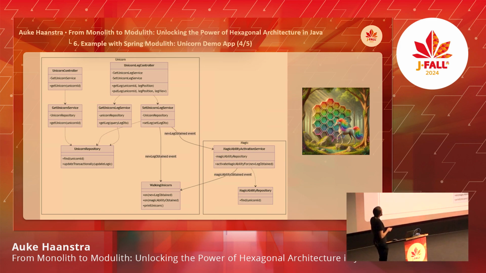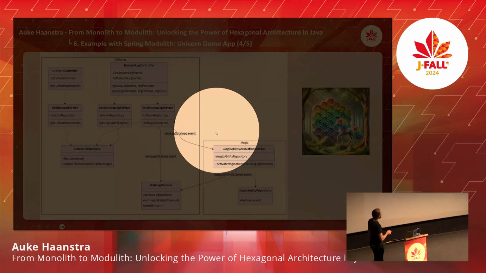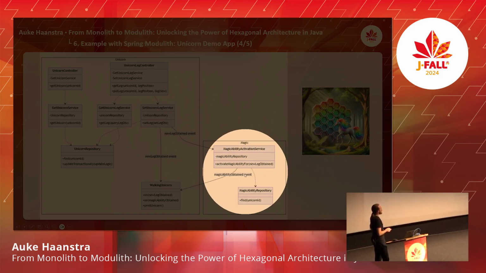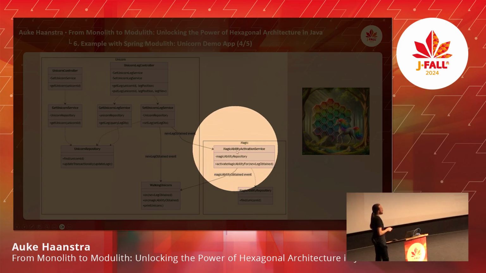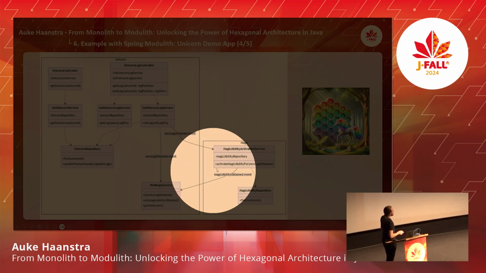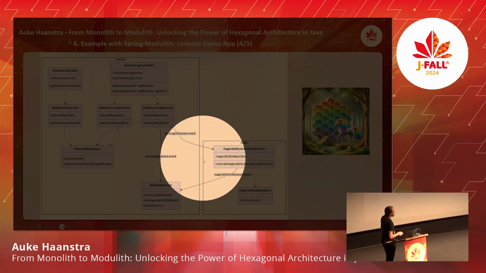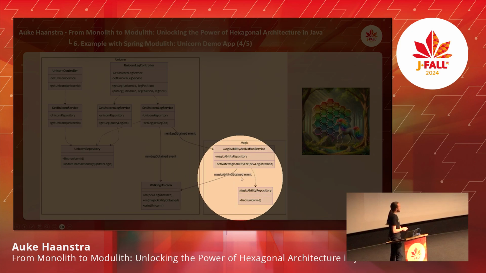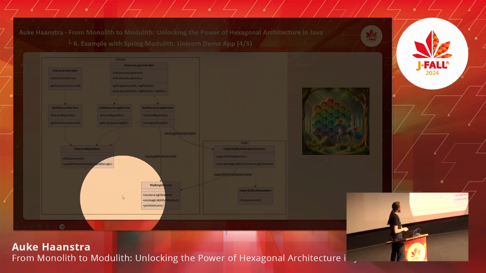So what happens when we add a leg? There will be a new leg obtained event. The magic bounded context receives that event. It in turn creates, when there's a magic ability activated, a magic ability obtained event.